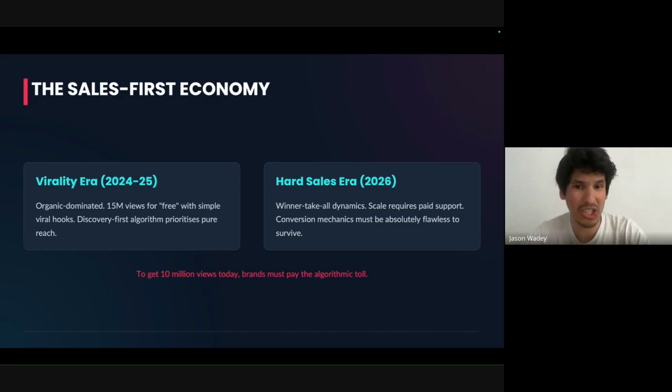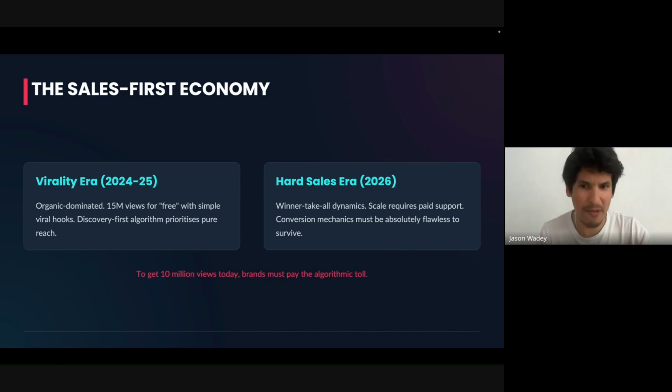But in 2026, TikTok seemed to have shifted from a viral first platform to more of a, how do I say, a bit more sales oriented platform. So we're operating much more in an era where it's a kind of winner takes all economy, where the best ads and the absolute best creators at the top 10%, 5% are basically making all of the money, mainly because of these algorithm changes, certain things that have factored into it.